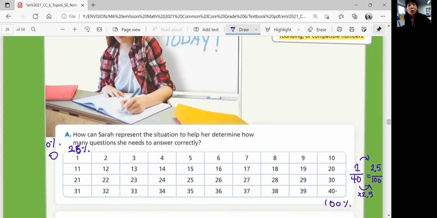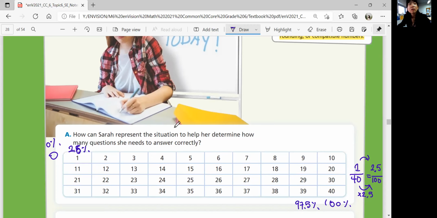Okay, so if she gets one wrong, that means she needs to subtract 2.5% off from 100%. So if she gets 39 questions right, she will get 97.5% and so on, right?